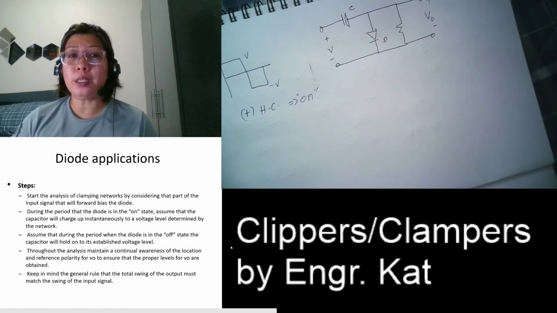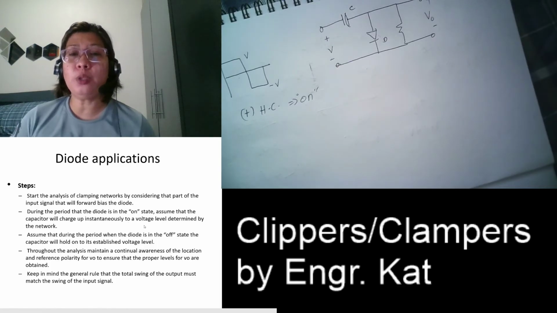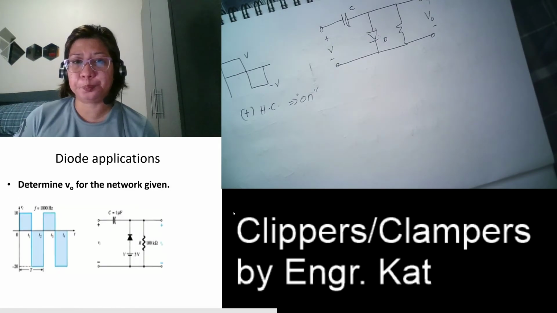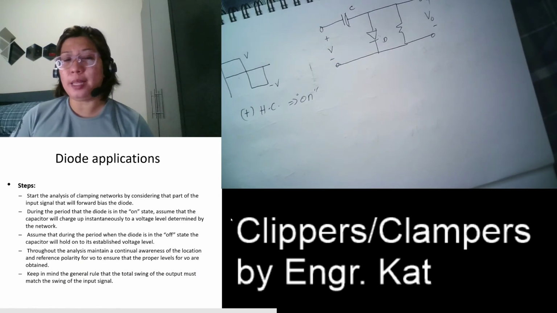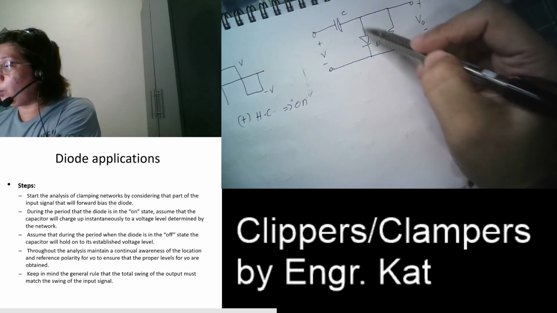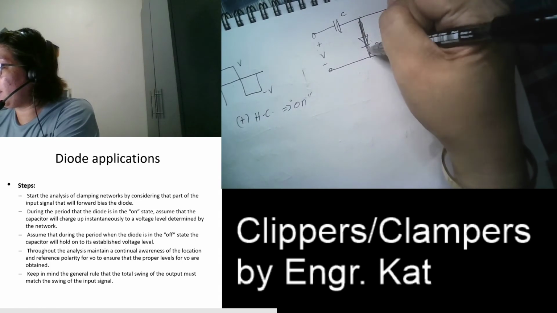And then, following the steps: during the period that the diode is in the on state, assume that the capacitor will charge up instantaneously to a voltage level determined by the network. Okay, let us analyze. When your diode is on, this is shorted, right?